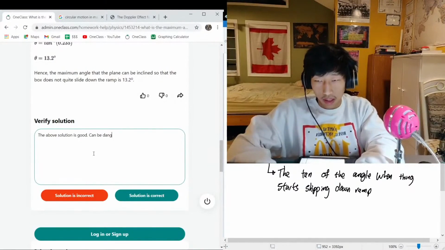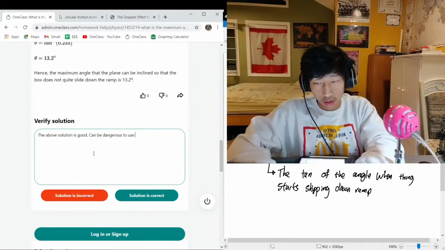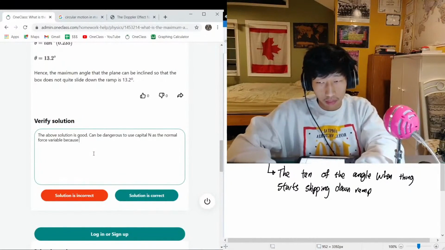It can be dangerous to use capital N as the normal force variable, because it could be confused with the capital N for Newton force units.